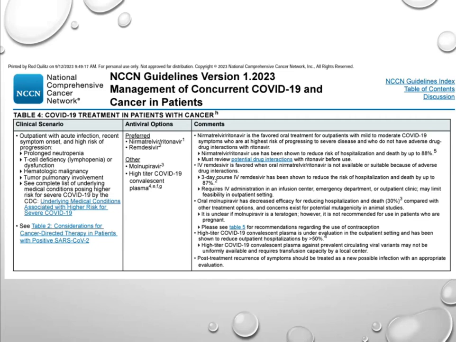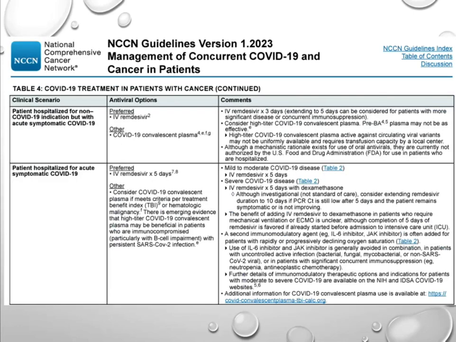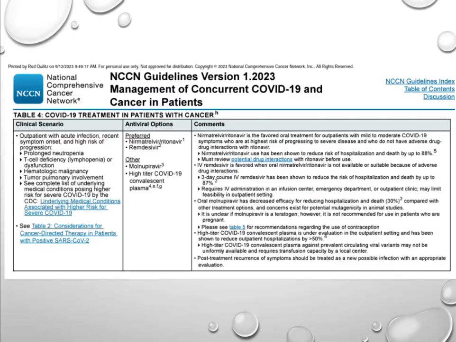And then our patients are going to be high-risk patients from a standpoint of COVID-19, for which we are using Paxlovid when possible to reduce the risk of progressing to severe disease, or the 3-day remdesivir for those patients who have too many drug interactions.